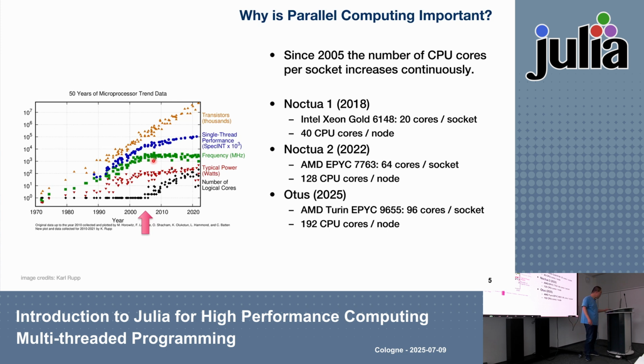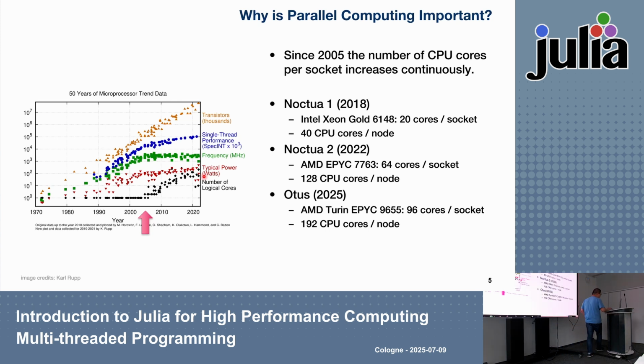What has changed a lot is the number of CPU cores, those black dots or black plots. As you can see, before 2005, normally one socket had one CPU core, but afterwards, more and more CPU cores are included.